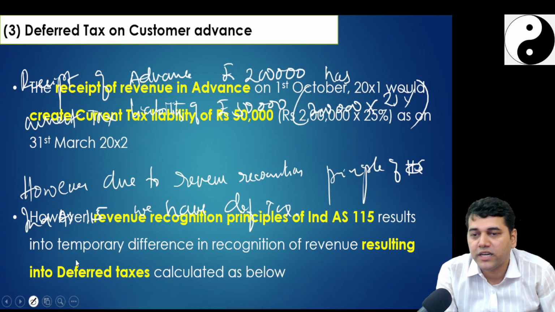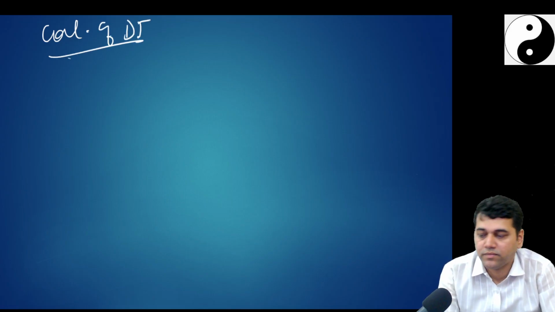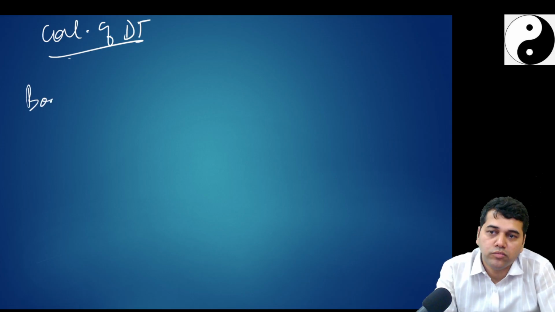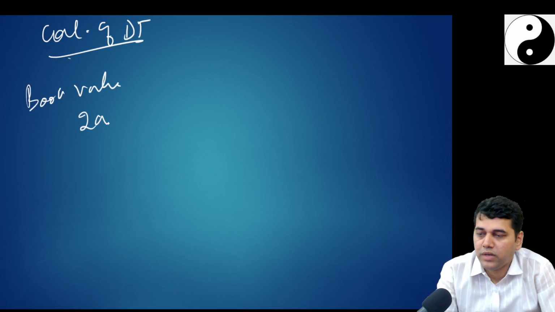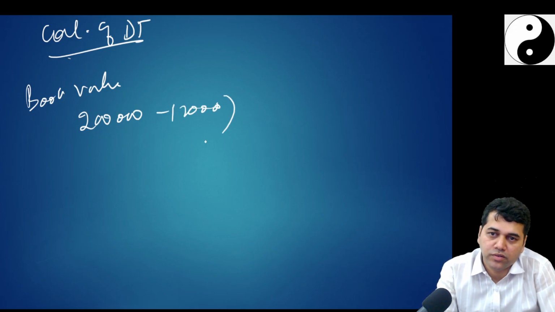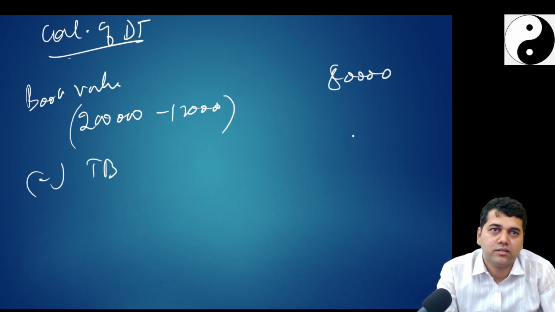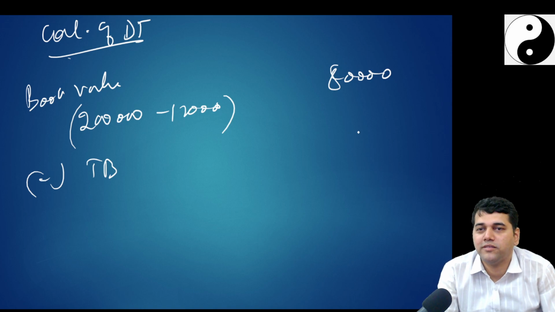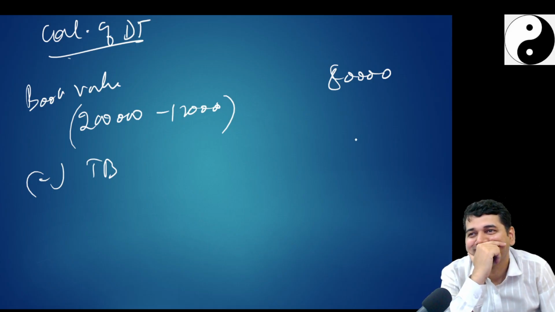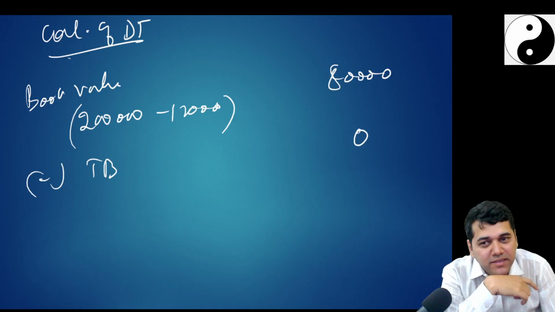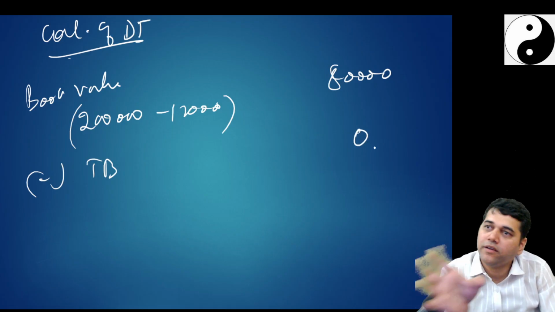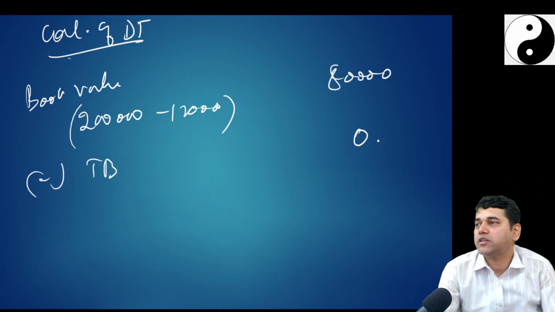Okay, now I need to calculate the deferred tax. Heading: calculation of deferred tax. What is my book value? 2 lakh minus 1,20,000, 80,000. Minus tax base. Tax base is 0. Why? Because income tax didn't recognize anything in the balance sheet; everything they recognized in the P&L only.